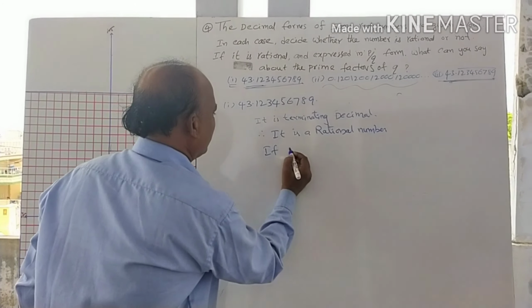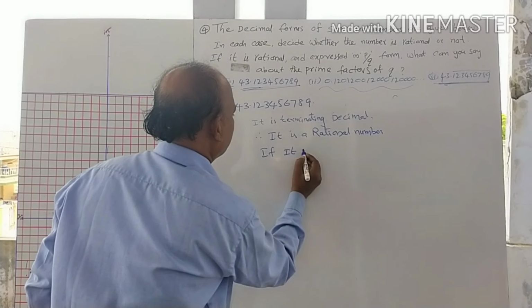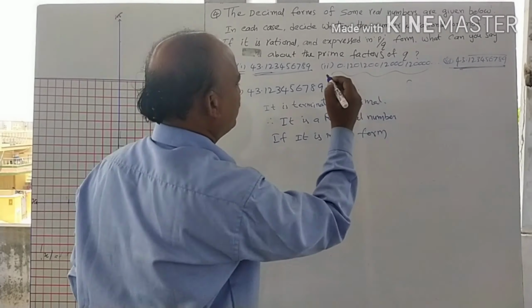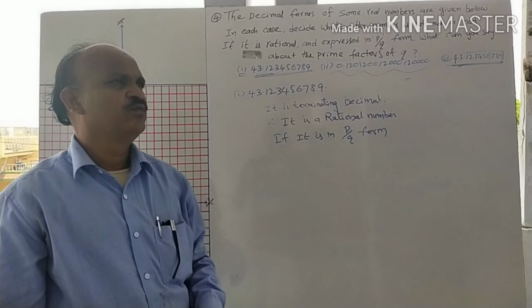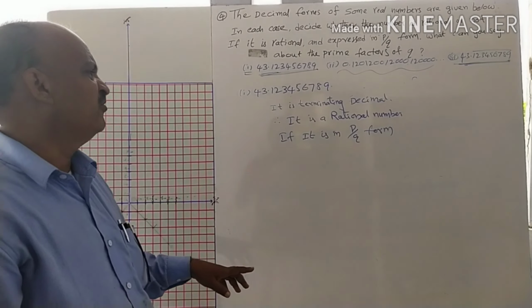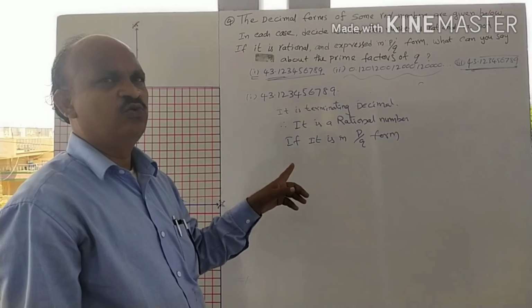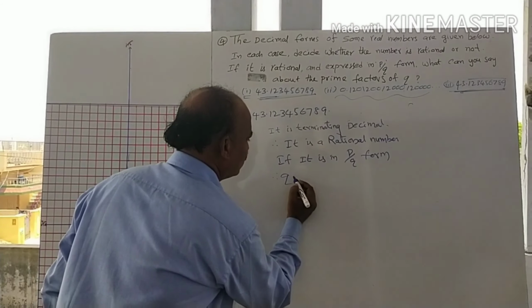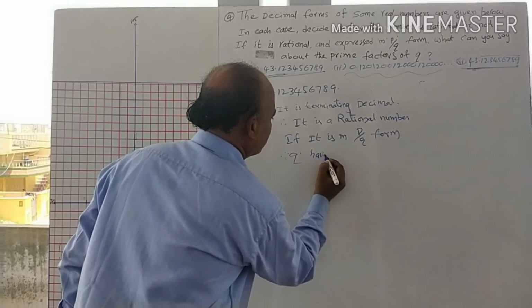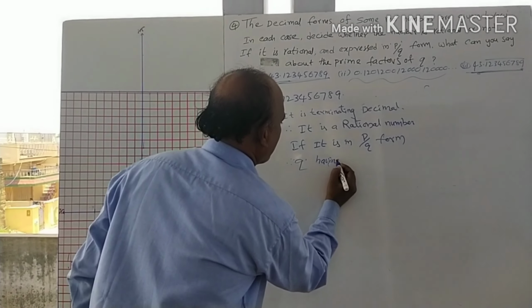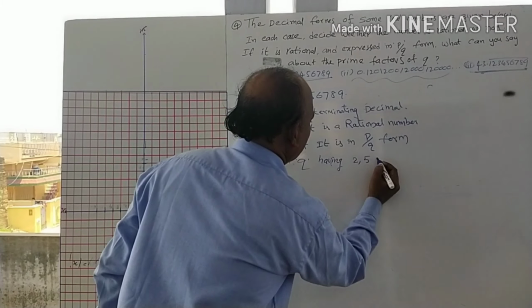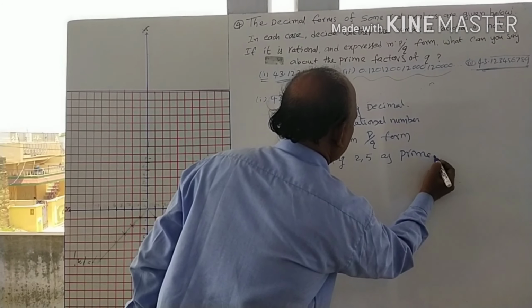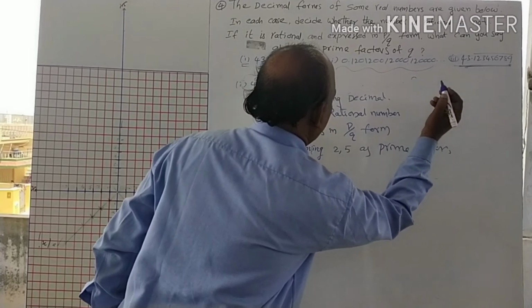If it is in p by q form, q, that is the denominator, has only 2 and 5 as prime factors.